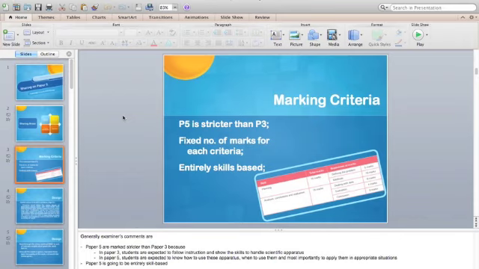So it is going to be entirely skill-based. Christine mentioned that this paper is very skill-based, so students are expected to know how to apply each skill on using certain apparatuses.